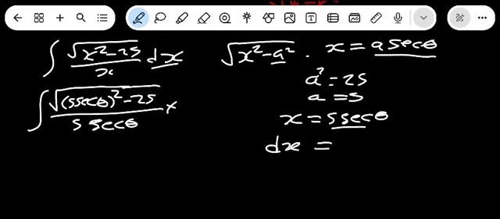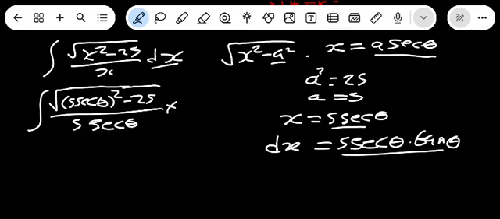Dx will be equal to what? We'll have 5 secant theta multiplied by tan theta, so we'll substitute this by 5 sec theta multiplied by tan theta d theta. So that is what we'll have.